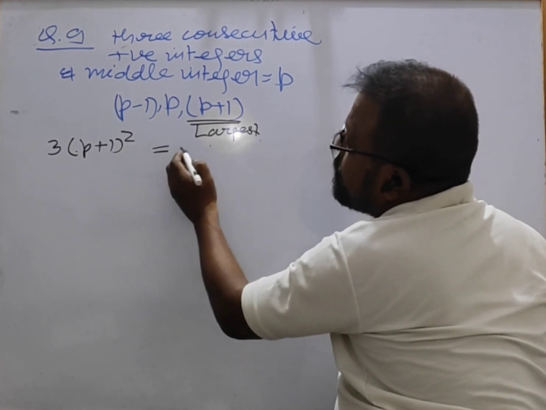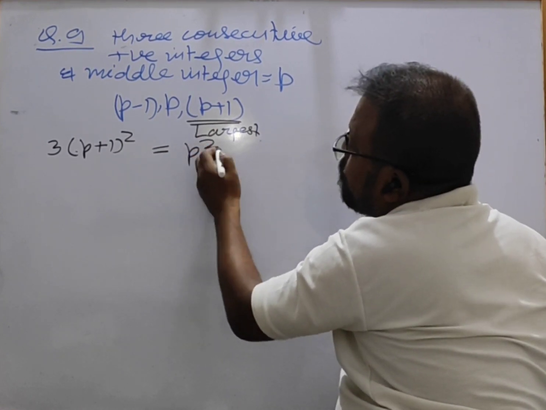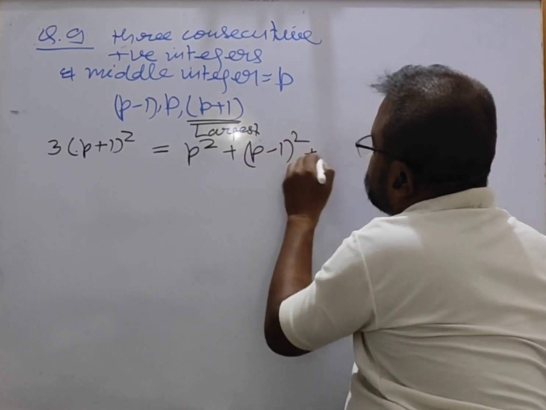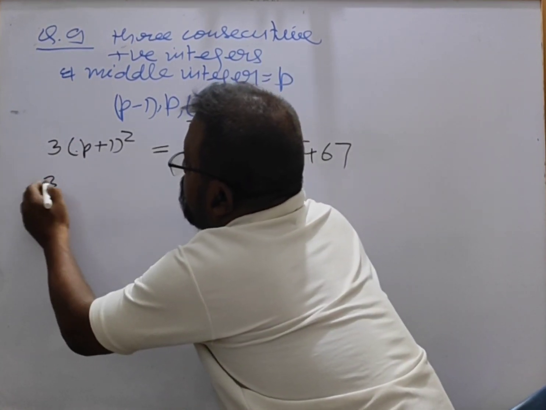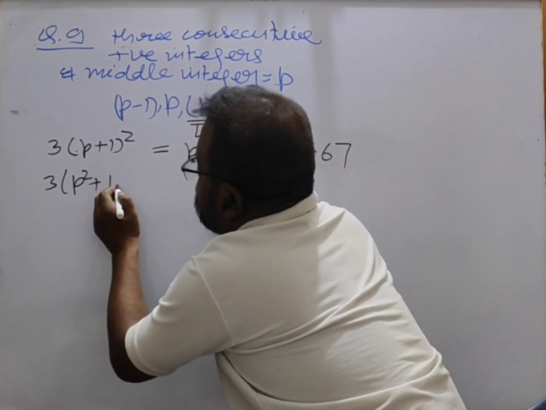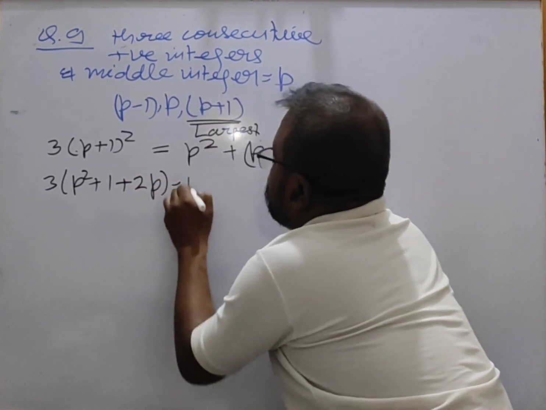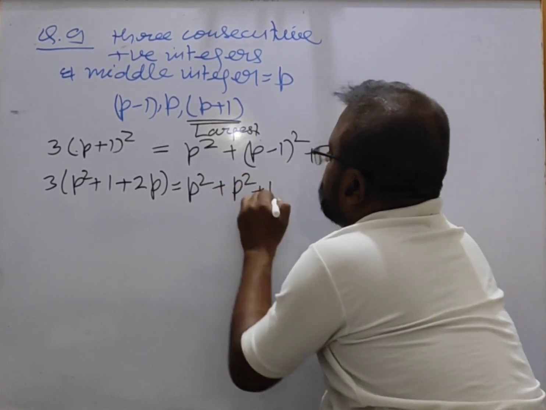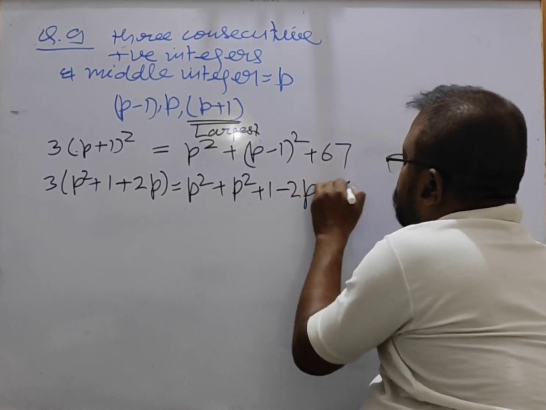So what we do? 3 bracket p square plus 1 plus 2p is equal to p square plus p square plus 1 minus 2p plus 67. Get it?